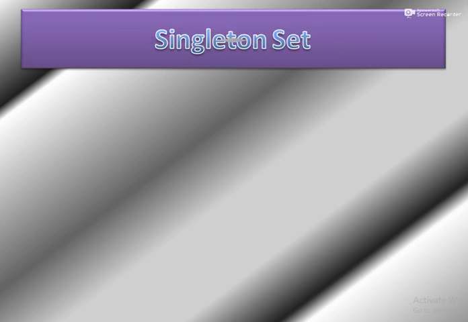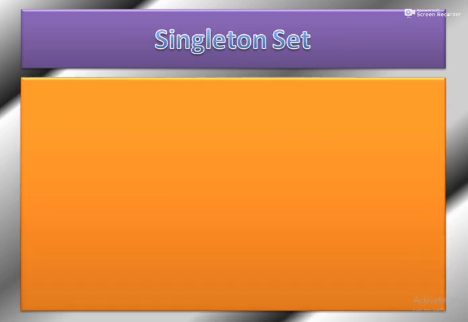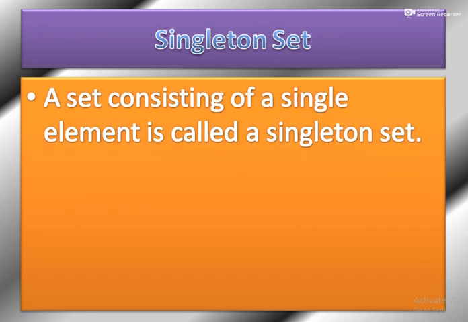The first one is singleton set. The definition of this set is: a set consisting of a single element is called a singleton set. That means in this set only and only one element is present, not more than one.